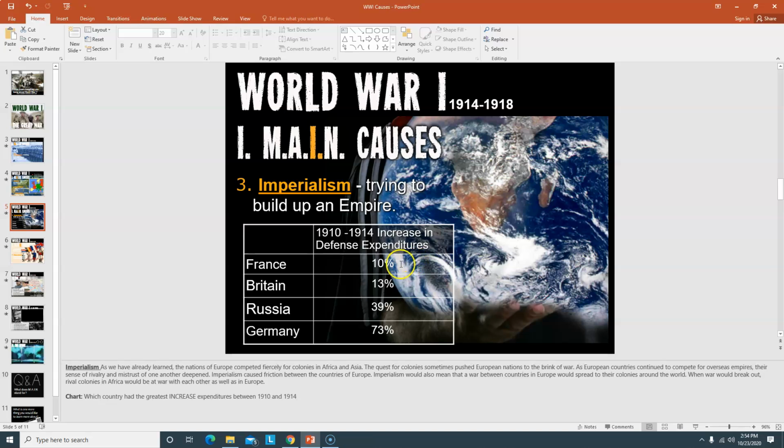So this not only is touching on imperialism, but also militarism. So France spends 10% on defense expenditures. Britain spends 13%, Russia 39%, and Germany 73%. And all these expenditures are made within this 4-year time period from 1910 to 1914.